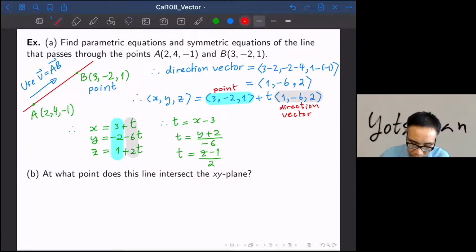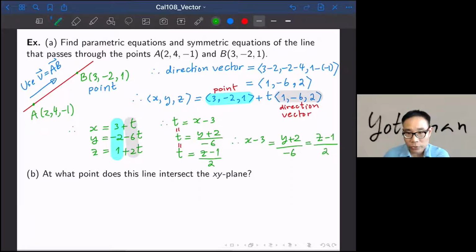However, they are equal to each other because they are all just t. So you're going to get the equation in terms of x minus 3, y plus 2 over negative 6, and z minus 1 over 2.